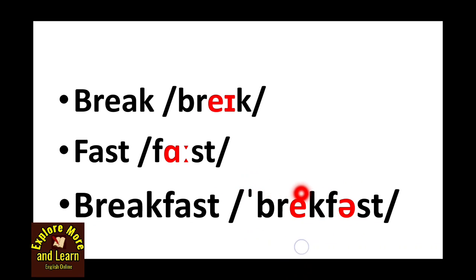And here we have a sound, and here we have a sound, not A. So in this way, letter A can be pronounced in various ways. And to pronounce each and every word correctly, it's very important for you to know about those various ways. Alright? So let's start this video quickly.